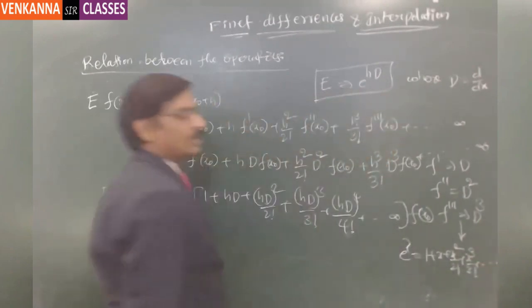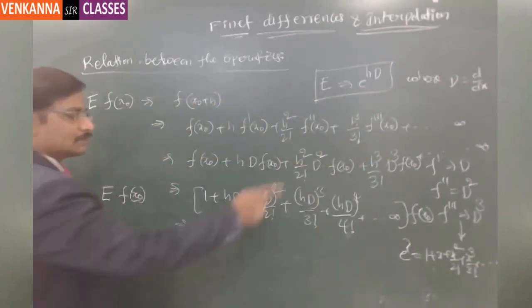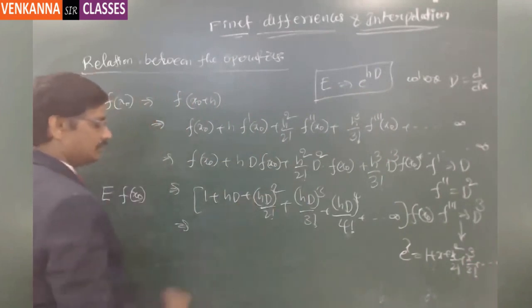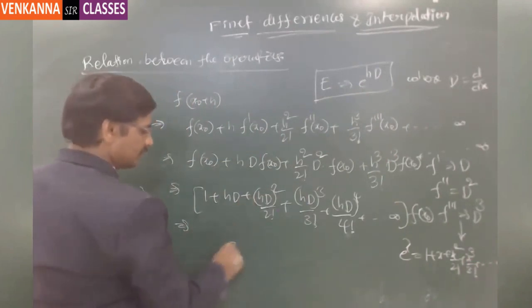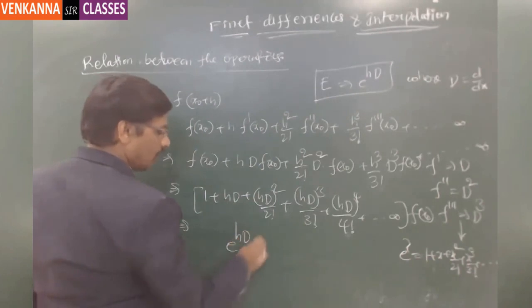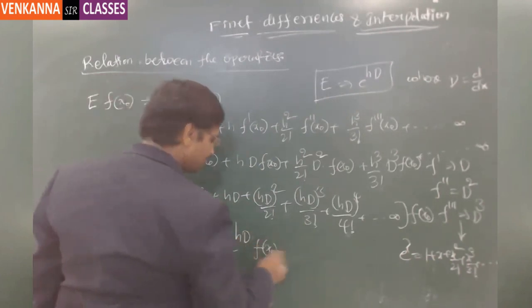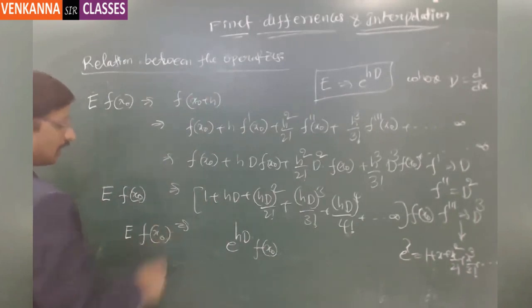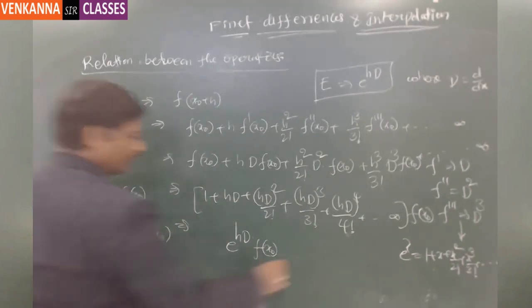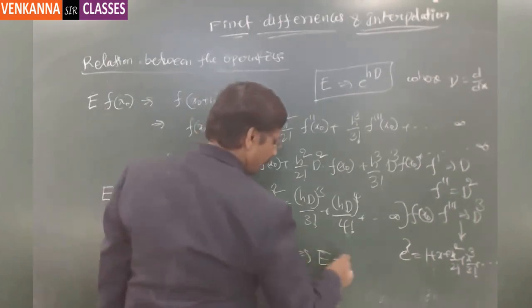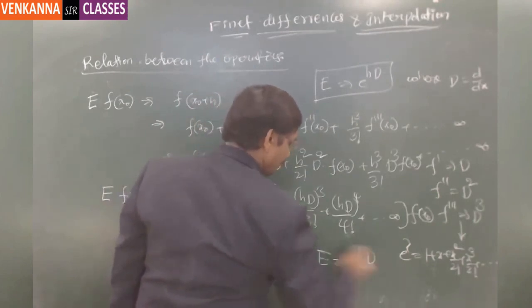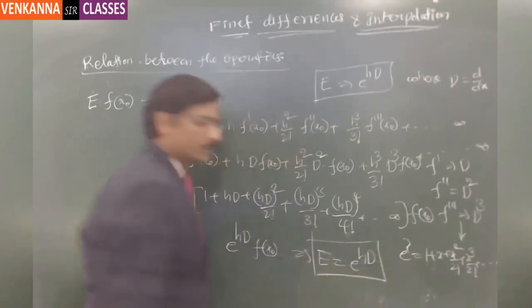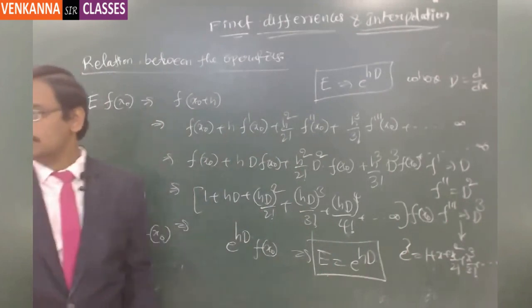In place of x, this is going to be hD, which means this is e power hD operated on f of x naught. The left side is E operated on f of x naught, and E is equivalent to e power hD. Got it? So this is another relation.